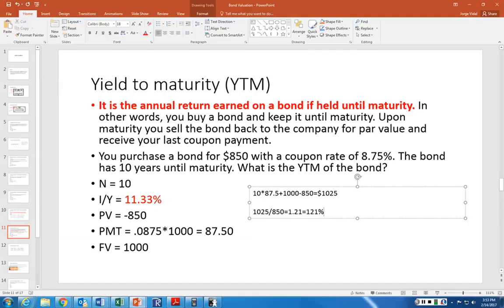That's total 10 years. If you want to find an annual average yield, let's divide this by 10 years, and that will be equal to 12.1%. Okay, that's an average yield, but again, that's assuming simple interest.